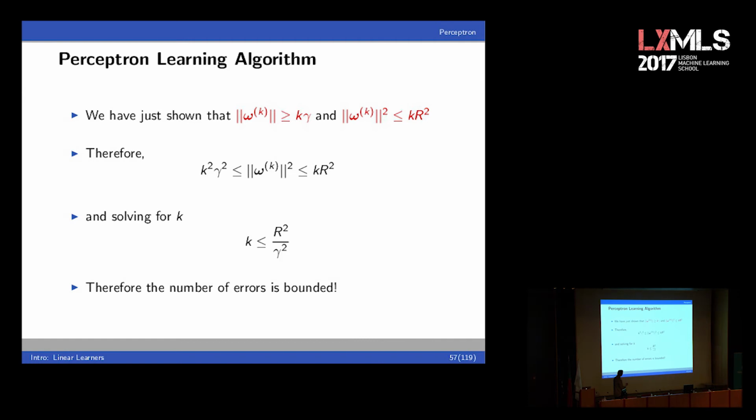Since this is less than or equal to k r squared, we can forget about the stuff in the middle. We have k squared gamma squared is less than or equal to k r squared, and then we can solve for k. Yeah? The number of errors is bounded by the size of the feature representation, and it becomes smaller with the size of the margin.